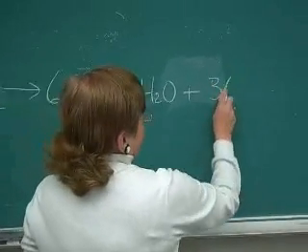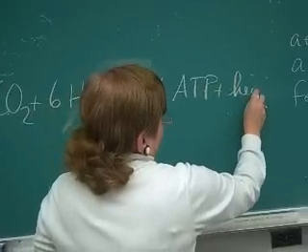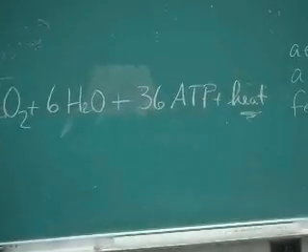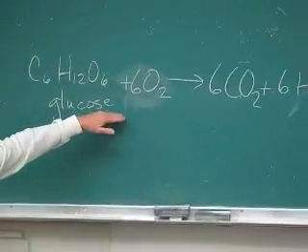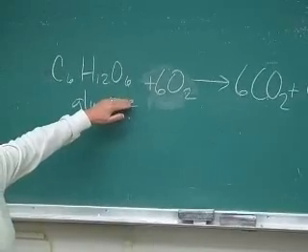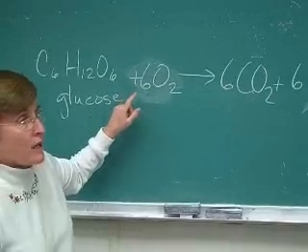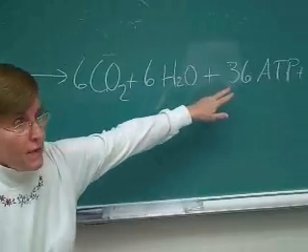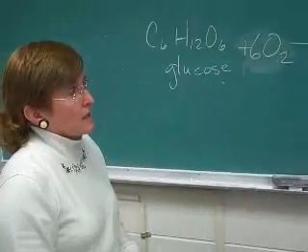We get a net gain of 36 ATP molecules, and we always get some heat given off in all these chemical reactions. Organisms that can do this using an electron transport system with oxygen as the final electron acceptor are organisms that can make the largest amounts of ATP, usually a net gain of 36 ATP molecules.